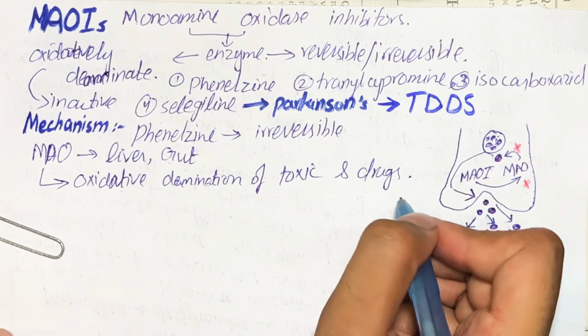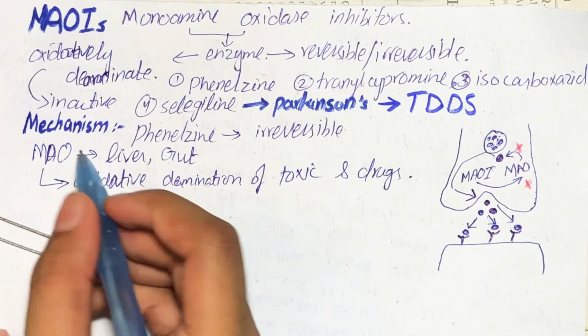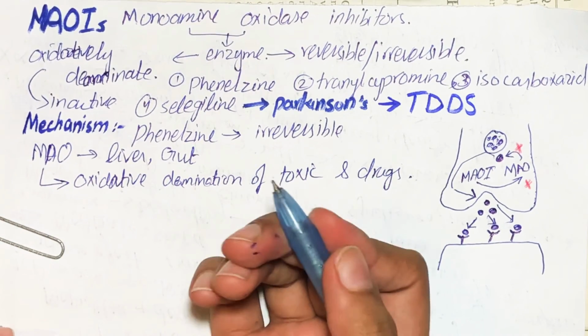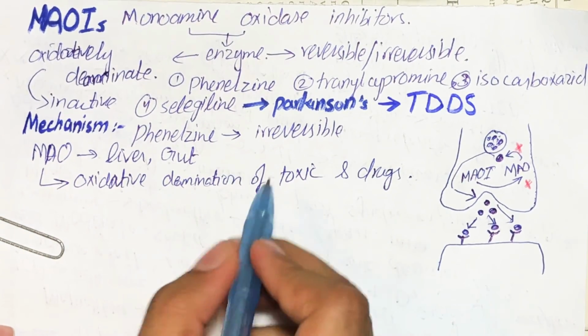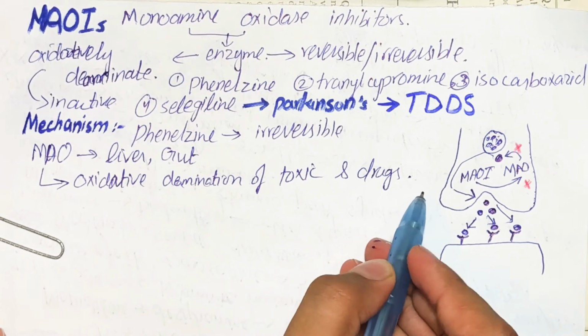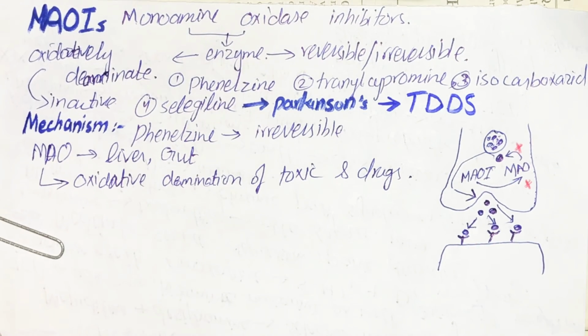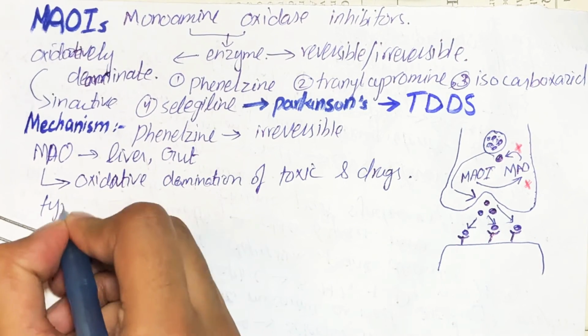So when there is no more presence of this enzyme because of the drugs we are taking, what will happen is that there will be an increase in the concentration of toxic substances and drugs, which will ultimately cause some side effects.